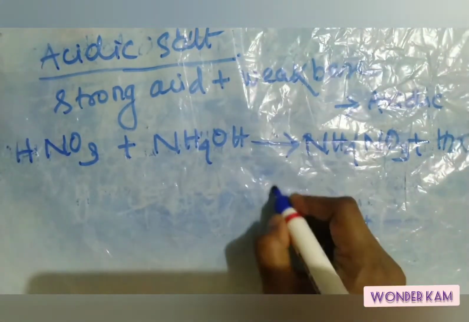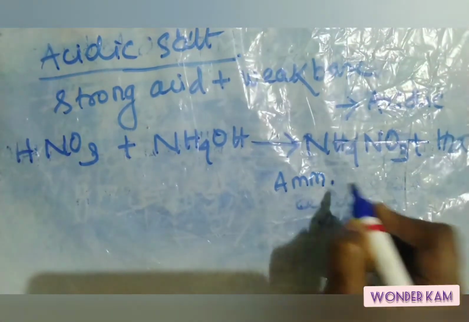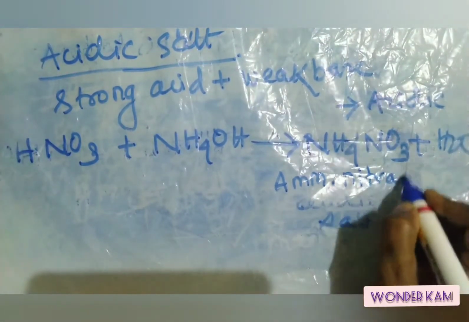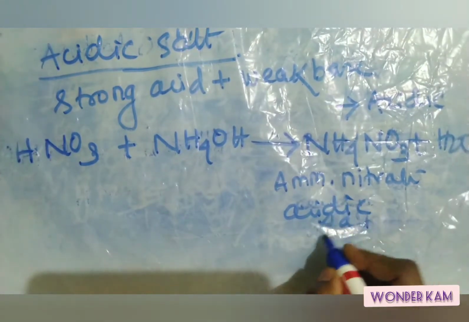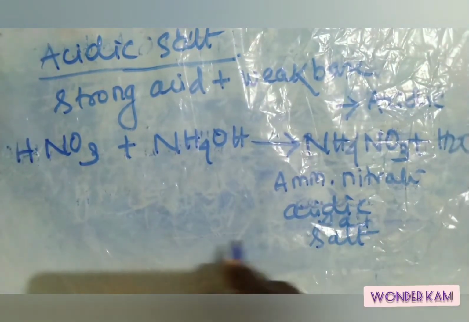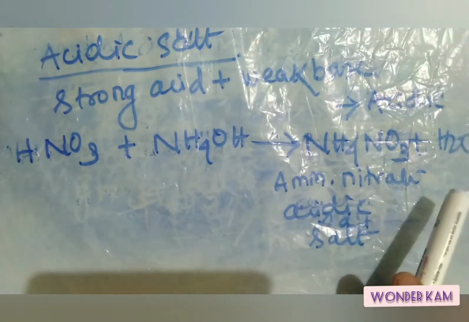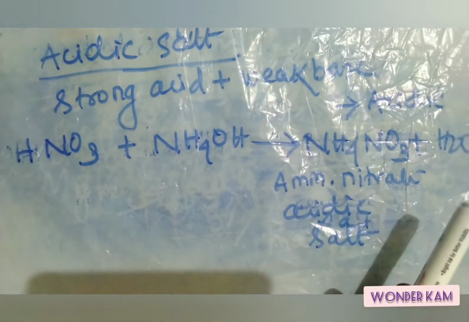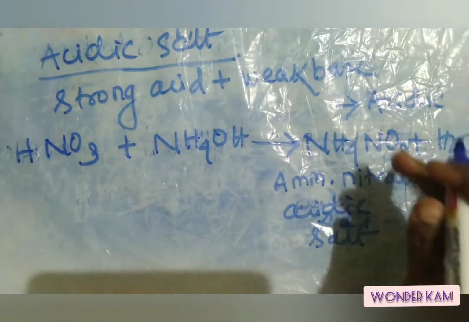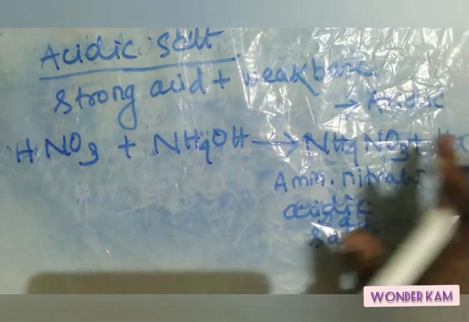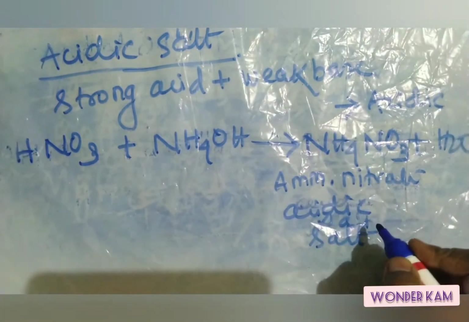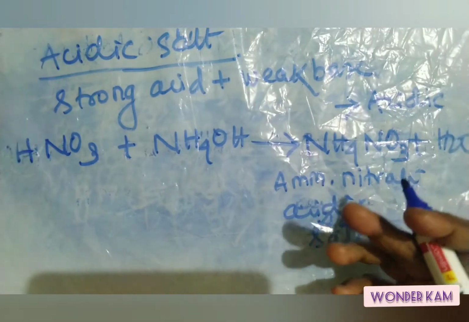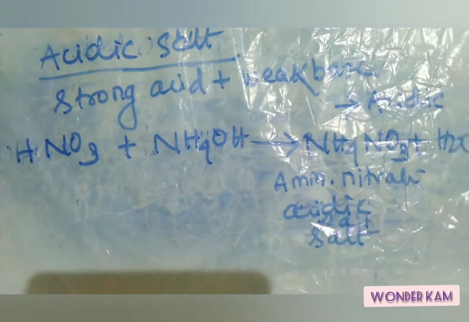This ammonium nitrate is an acidic salt. Okay, and this is balanced, I think. Check it properly: ammonium nitrate, water, this is balanced. Because these are acidic salts, they change blue litmus into red.